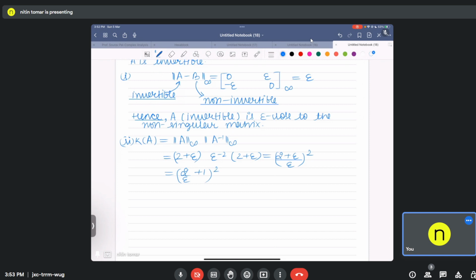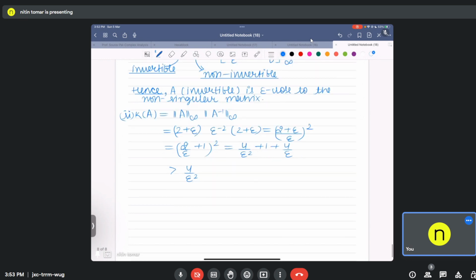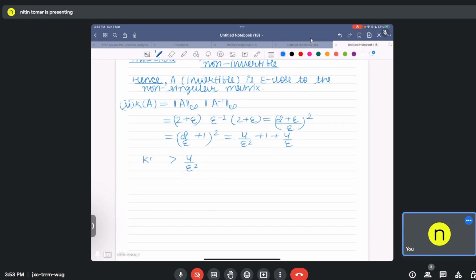Okay. Now if you open it, it will be what? 4 by epsilon square plus 1 plus 4 by epsilon, am I correct? So it will be strictly greater than 4 by epsilon square.